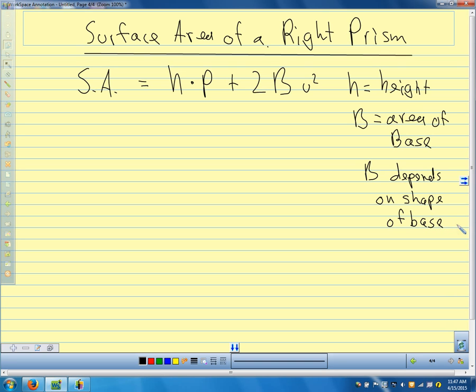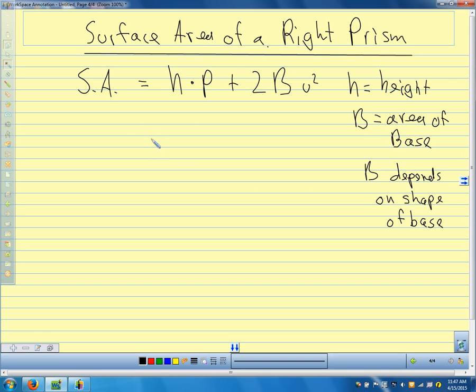So if our base is a triangle, to find capital B, the area of the base, we have to find the area of a triangle. If our base is a hexagon, we have to find the area of a hexagon. If it's a trapezoid, we have to find the area of a trapezoid. So our base can be any shape that we want it to be, so how we find the area of the base depends on the shape of the base.